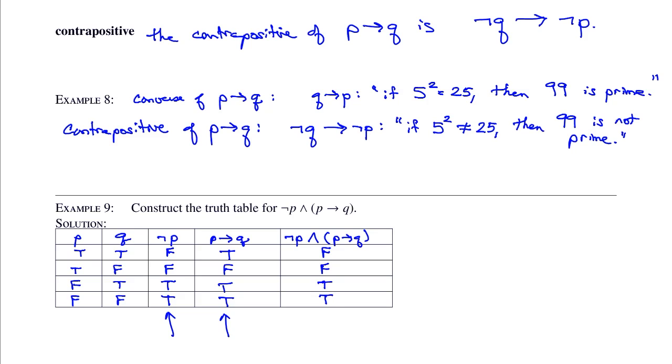Now ignore not P and do if P then Q with P and Q, the basic building blocks. And this is from the previous page. If true, then true, true. If true, then false is false. If false, then true is vacuously true. If false, then false was also vacuously true.